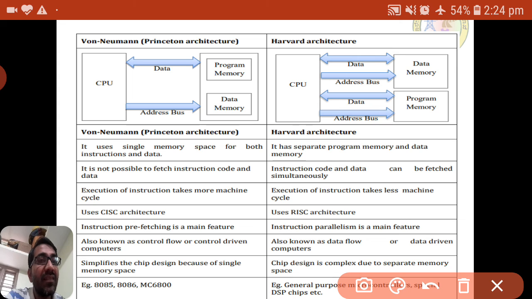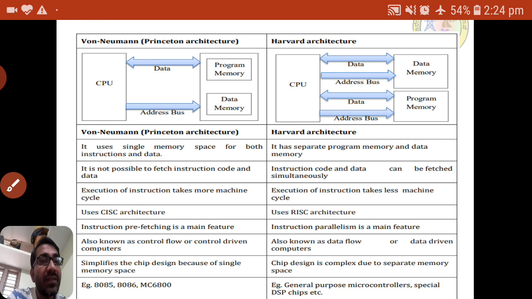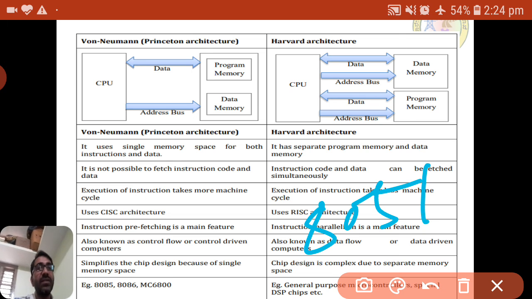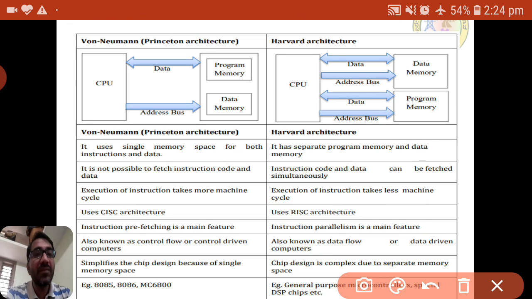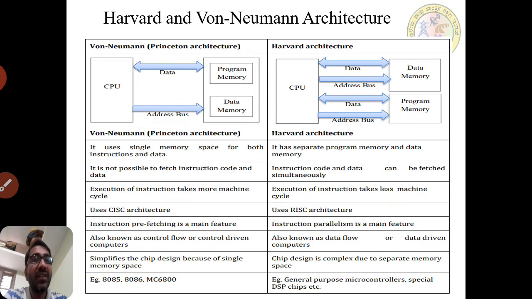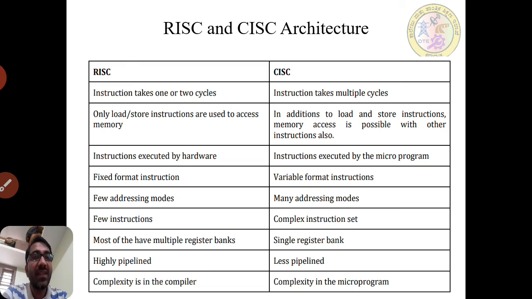And here, special general purpose microcontrollers and DSP chips, and we can give 8051 as the example for the Harvard architecture. Okay, so these are the points in which the Von Neumann and Harvard architectures differ. These are the standard questions in the main exams with respect to Von Neumann and Harvard architecture and even CISC architectures.